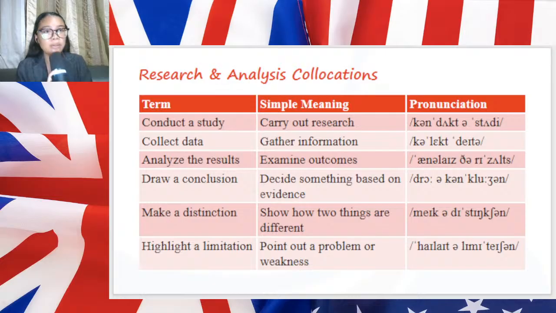They follow this systematic process depending on what kind of research they are trying to make. So conducting a study refers to this whole process of carrying out the research project from start to finish in a systematic way.